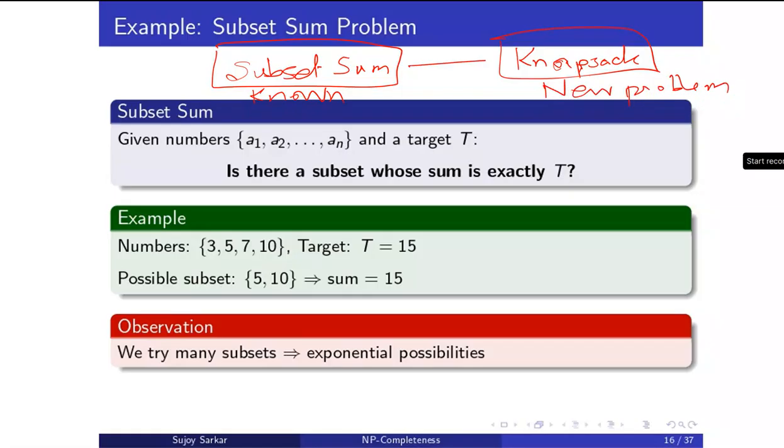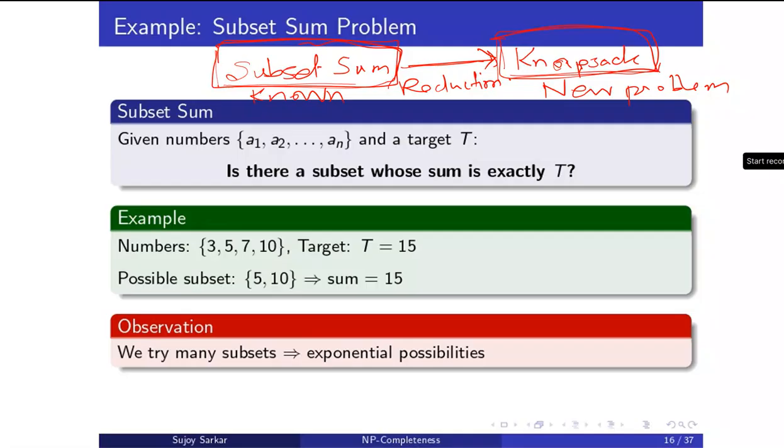So we want to do reduction. Reduction means I'll take an instance of the subset sum problem and convert it into an instance of the knapsack problem, and we'll show that if we solve it with knapsack, we can get a solution for subset sum also.